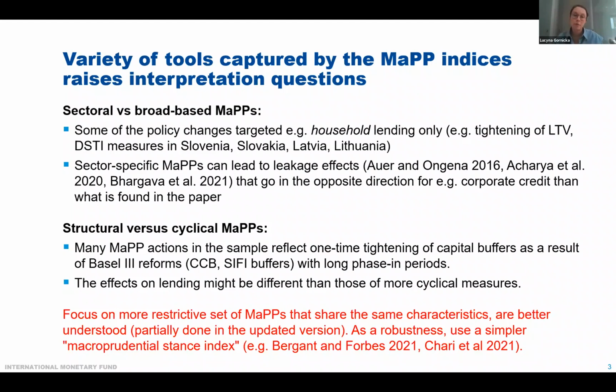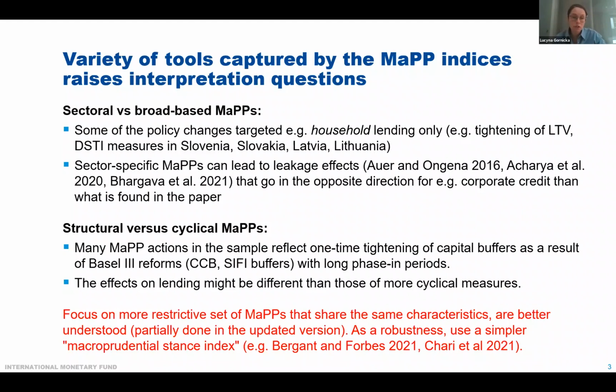So tightening of a macroprudential tool in one sector can actually increase lending to other sectors by banks. And this effect actually goes in the opposite direction to what is found in general for the aggregate index in the paper. An example could be corporate credit in response to tightening of these household-specific tools.